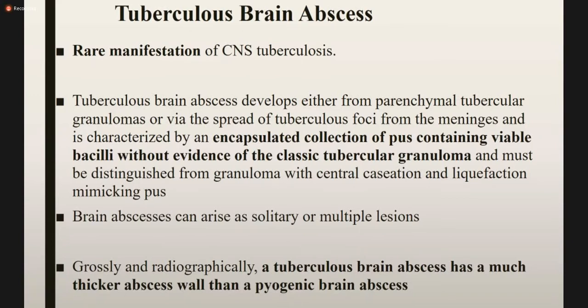These tuberculous brain abscesses can be solitary or multiple. And if we differentiate them from pyogenic brain abscesses grossly and radiographically, a tuberculous brain abscess has a much thicker abscess wall as compared to pyogenic brain abscesses.